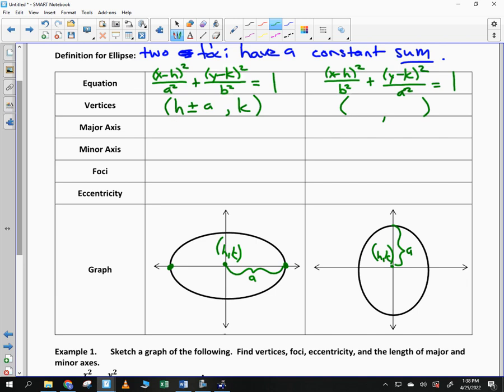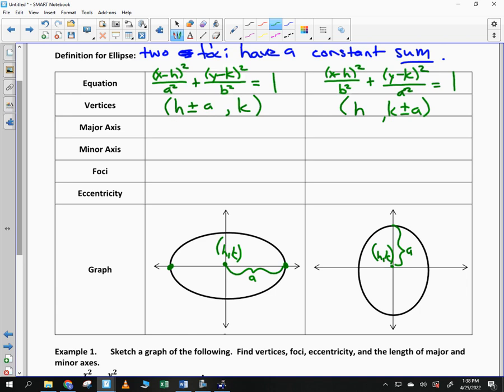Notice in this situation, the h value stays the same, but the a value gets added or subtracted from k. I think that the notes are kind of obscure, but it'll make a lot of sense when we do the examples.